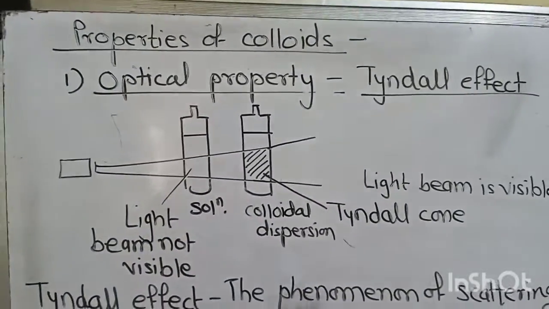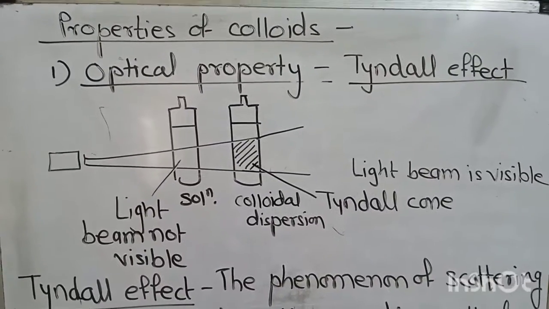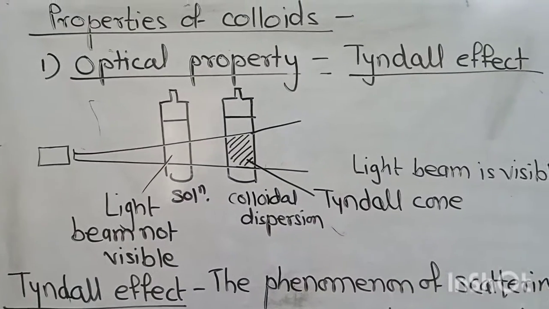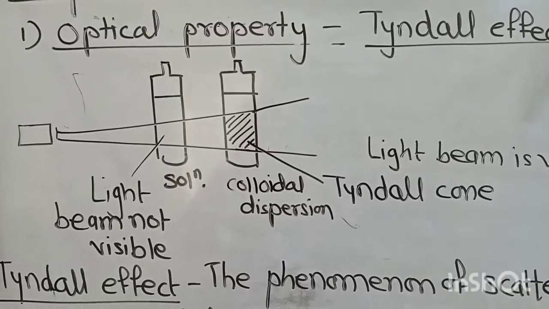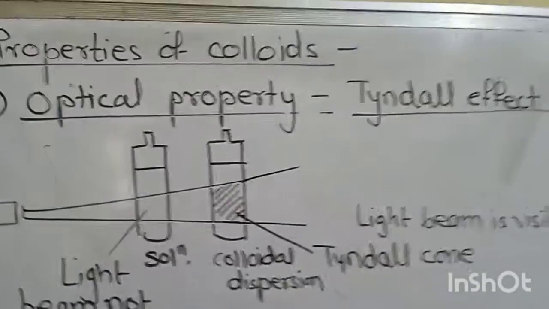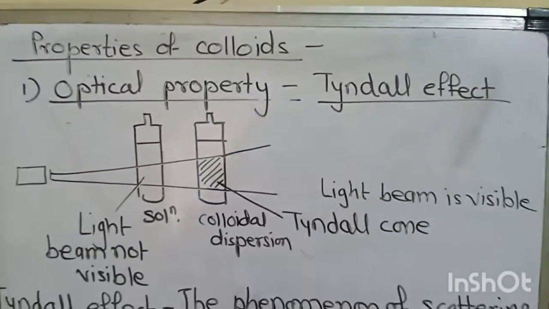One more property is that they do not diffuse through parchment paper or animal membrane, but they readily pass through ordinary filter paper. Now, optical property. This is an interesting property which is also called the Tyndall effect.